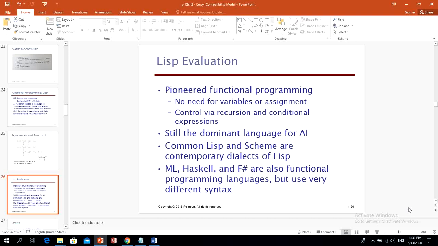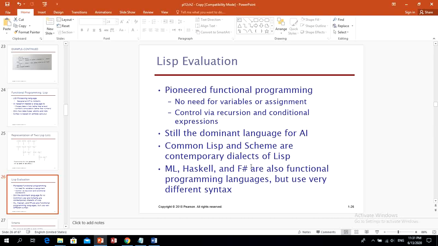So Lisp evolution: it pioneered functional programming languages. There is no need for variables, no need for assignment, and control is through recursion and conditional expressions. So it is still a dominant language for artificial intelligence. Scheme and Common Lisp are contemporary dialects of Lisp.